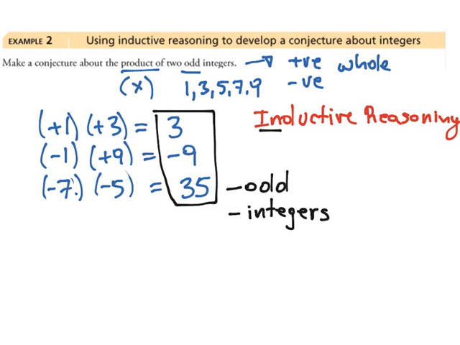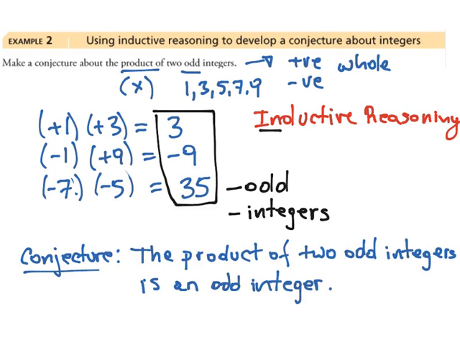So from this, we can come up with a conjecture: the product of two odd integers is an odd integer itself. This would be our conjecture. Let's take a look at the next example.